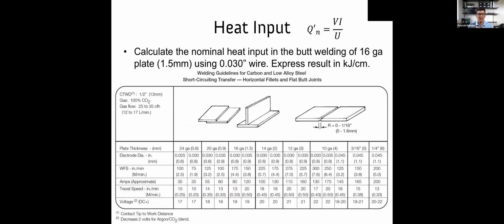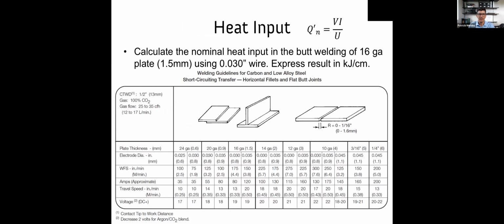I have an example here, but because of time, I'm not going to go over it now. It's completely worked out, and you can calculate from a procedure proposed by Lincoln for welding this sheet.